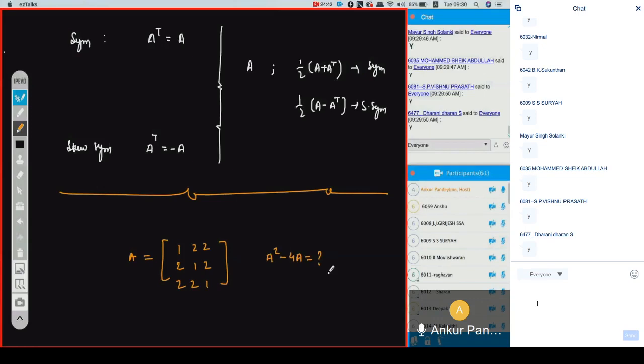The only lengthy thing here is A square, rest all is okay. But I don't want you guys to solve fully. Why? Because you will look at the options, and the options are 2I, 3I, 4I, 5I. Now you can tell me in 10 seconds.